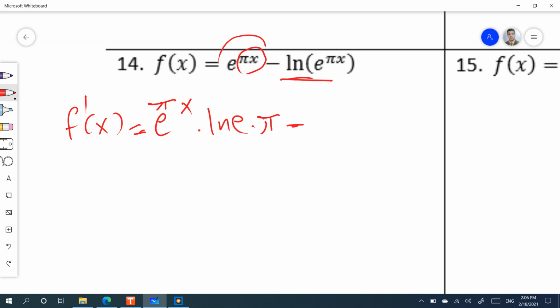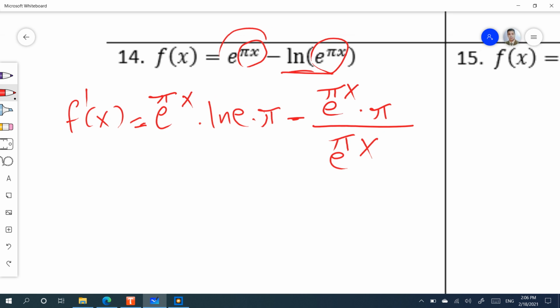This is the ln function, therefore exponential of this part is e to the power pi x times pi divided by the same function e to the power pi x.